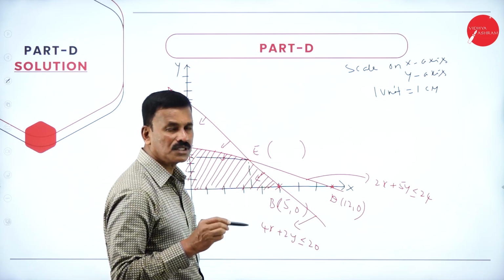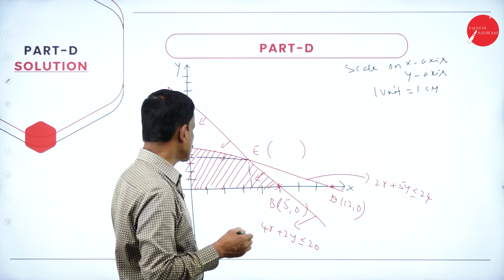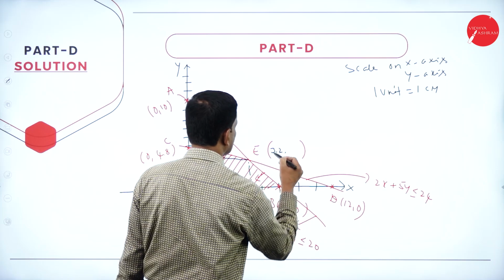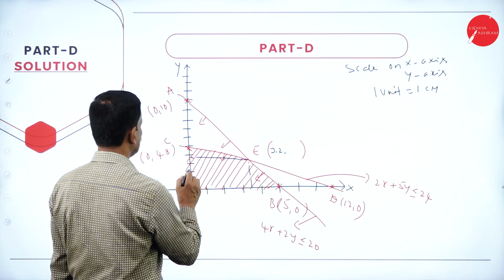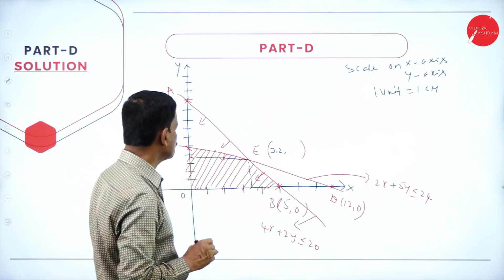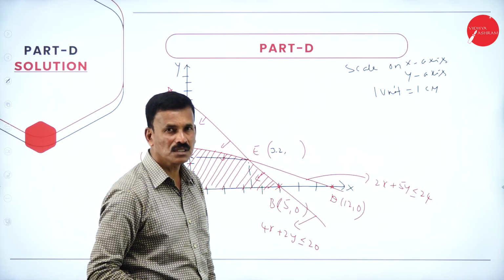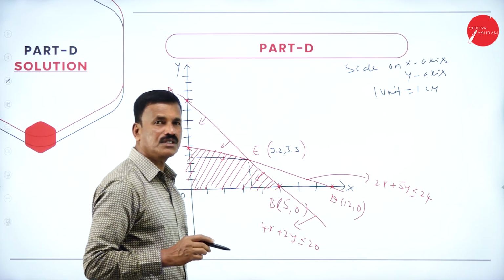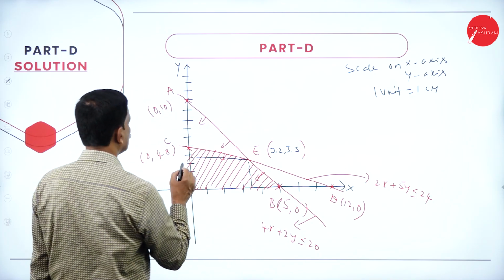So exactly if you draw this on a graph, you are going to get x as 1, 2, 3, that is around 3 point something, that is 3.2. Here also it is 1, 2, 3, in between 3 and 4, that is 3.5. So find out the corner points. What are the corner points?